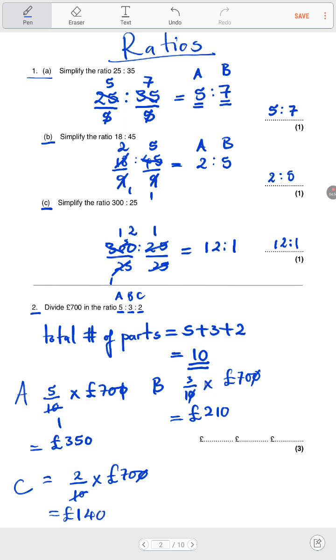So you write your answer here, because your answer is in the ratio 5 is to 3 is to 2. Here you write 350, here you write 210, and here you write 140. And if you add these, they are supposed to give you a total of 700 pounds.